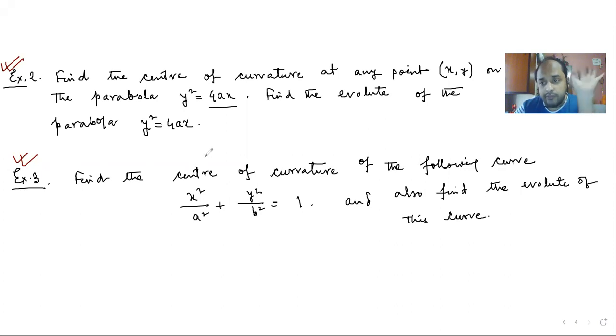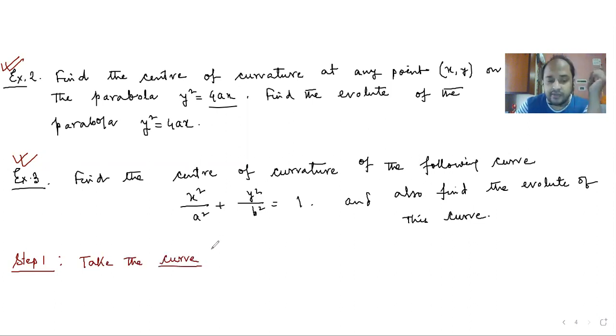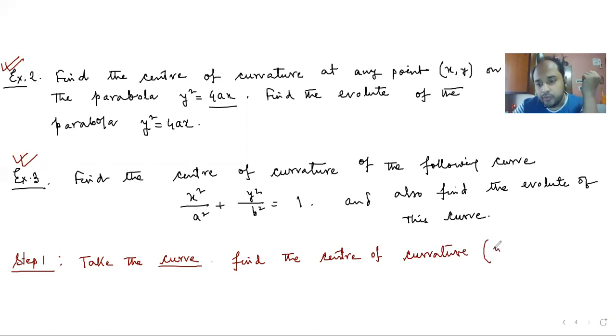Okay, evolute. You have to remember the steps. I'm writing again. To find the evolute, step number 1: take the curve, whatever curve is given to you, and find the center of curvature. Your center of curvature will represent another curve.